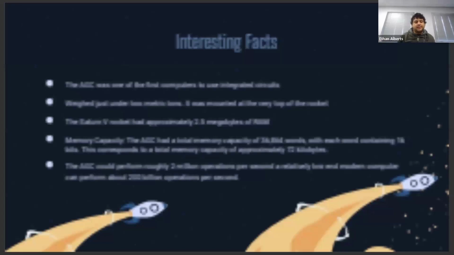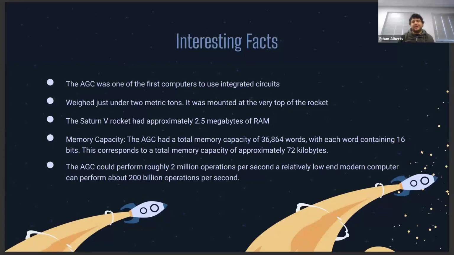The memory capacity of the actual AGC computer itself was only about 36,864 words, which amounted to about 72 kilobytes of actual memory that the computer had to work with, which compared to today's standards is not a lot at all.